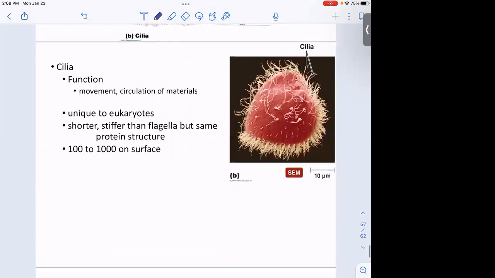So a little more about cilia. This is another method of locomotion for some of the protozoa. Some of our cells are ciliated as well. Okay, so again, let me write this down here. Some protozoa, some types of animal cells.